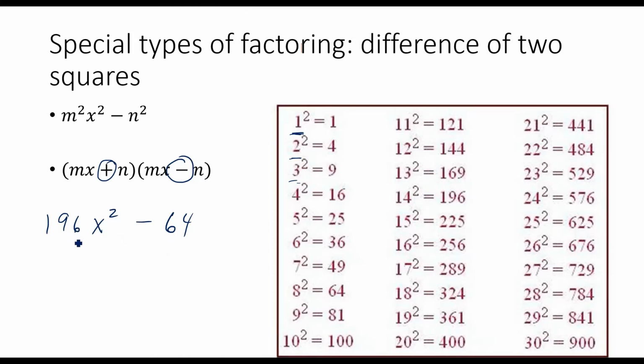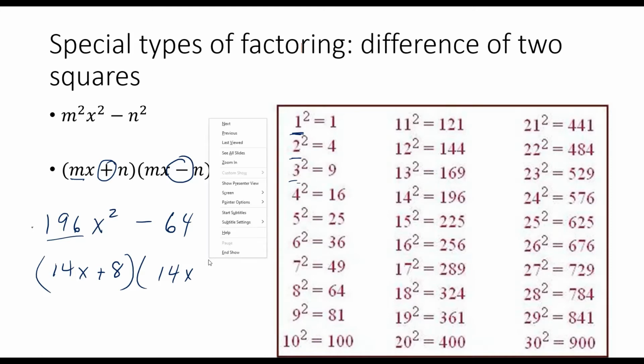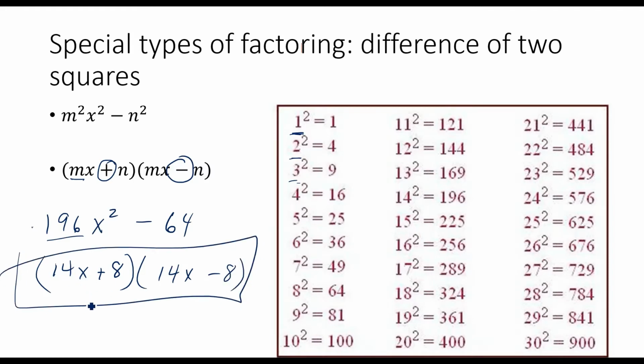Alright, well, to factor this out, I just take m, which is the square root of this value right here, which is 14, x plus n, and that was 8, because 8 squared is 64. And then my other factor is going to be the same exact thing, but instead of plus, we'll have minus instead. That's it. Those are my factors for now.